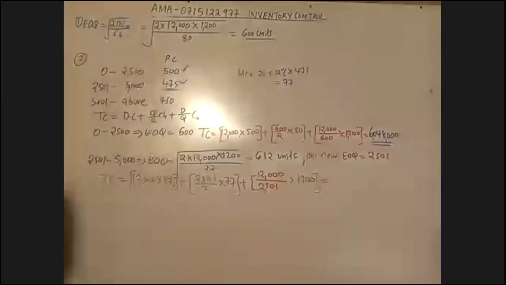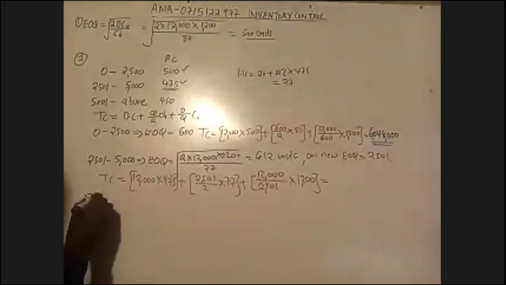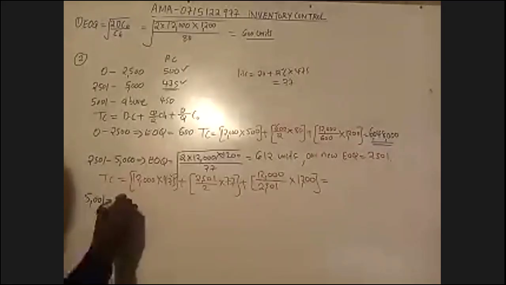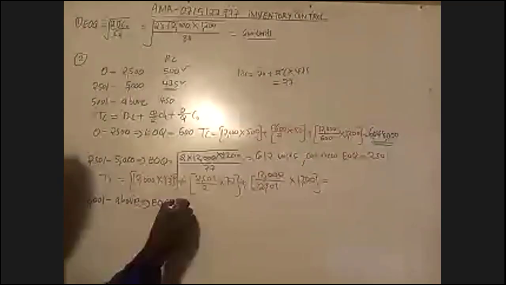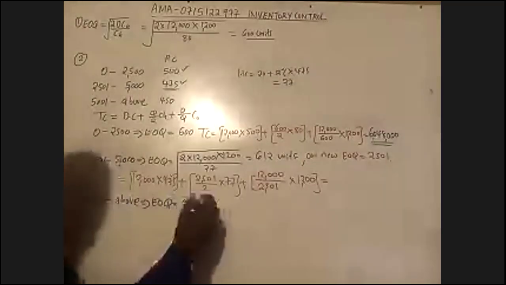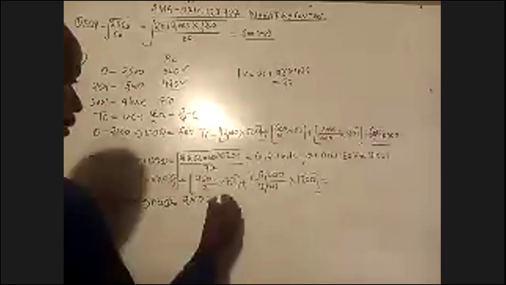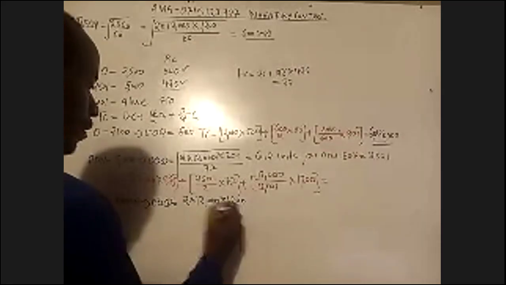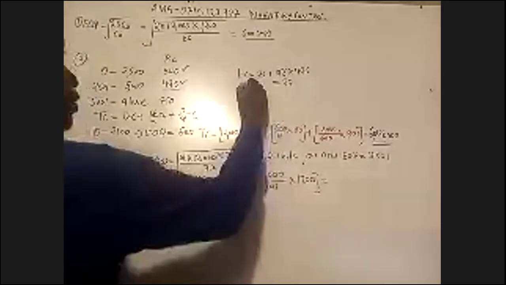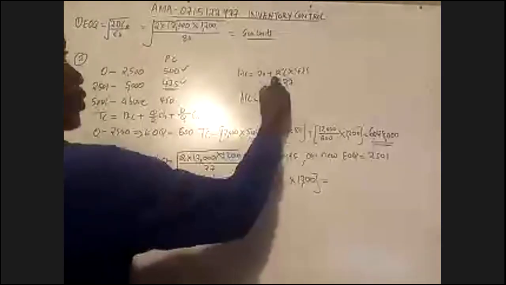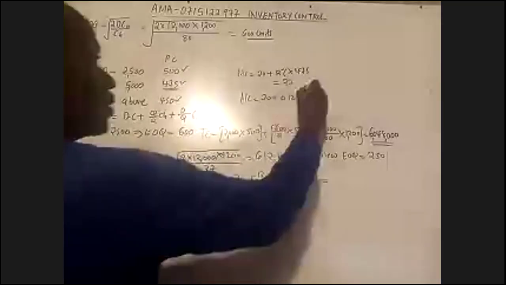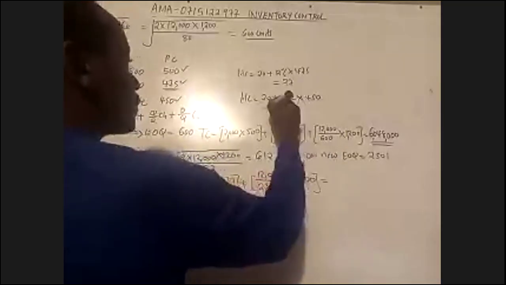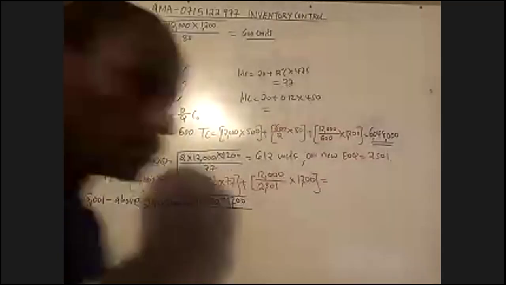We also do the same between 5,000 and above. So you Q 2 times 12,000 times 1,200 over. Now we need to calculate our HC. 20 plus 0.12 times 450. Nakupea ngapi?